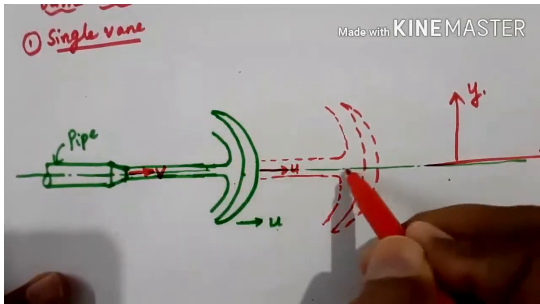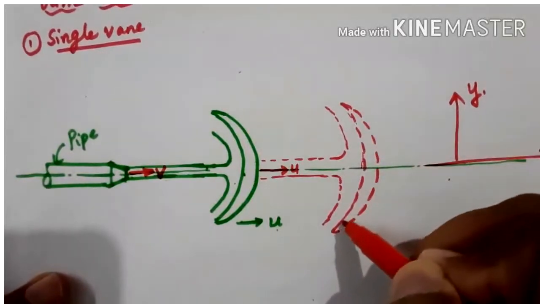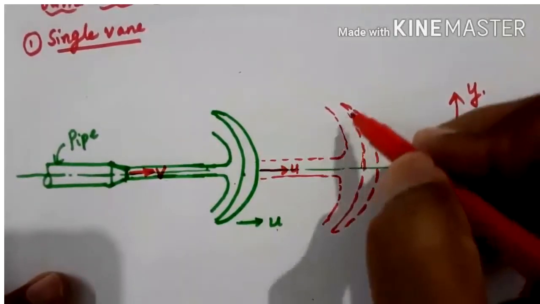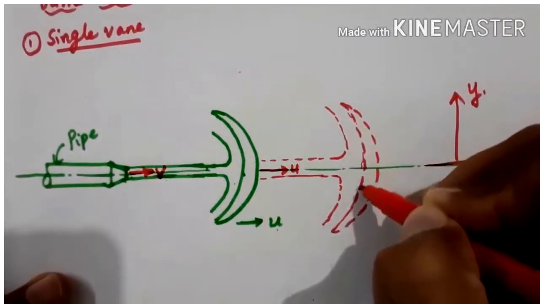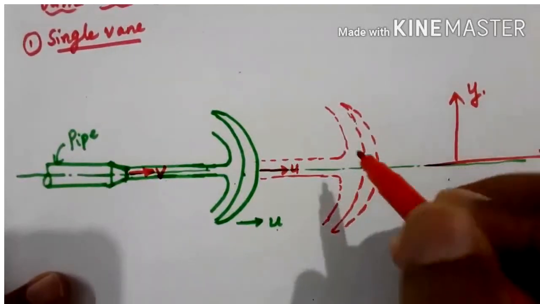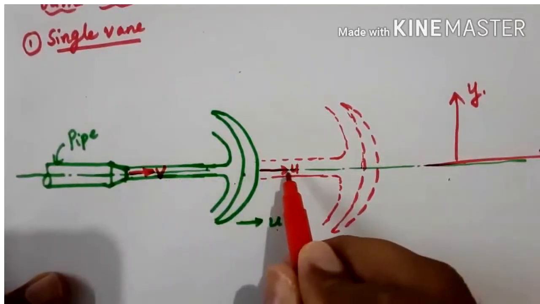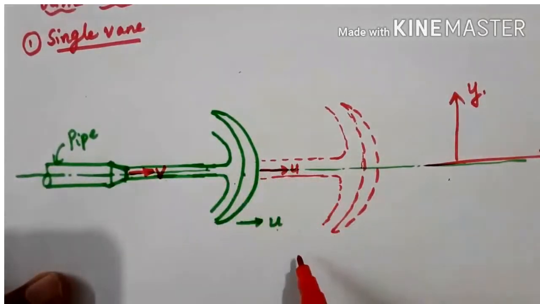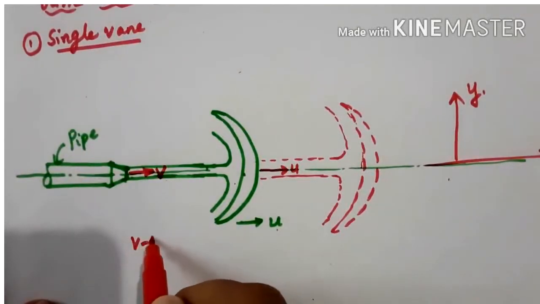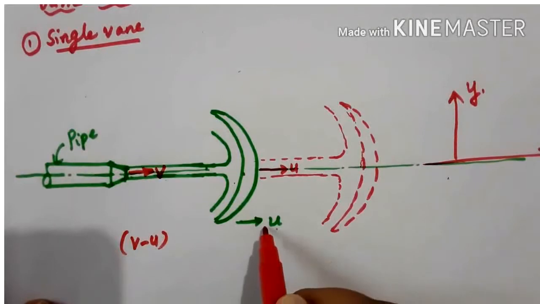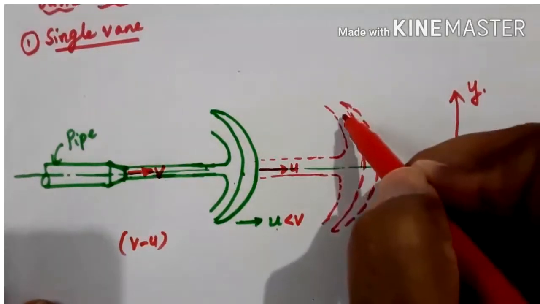Then the water will be gliding over the surface like this after striking the vane. And again, assuming this surface is very smooth, there is no frictional loss. So here also we are taking the absolute velocity. The jet will be striking with a velocity of v minus u, where this u is less than v, the velocity of the jet.